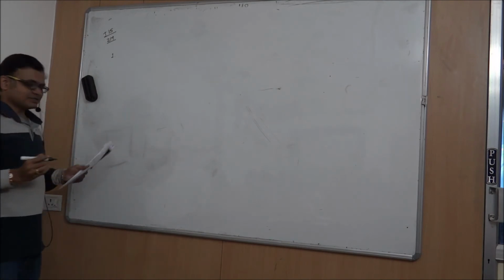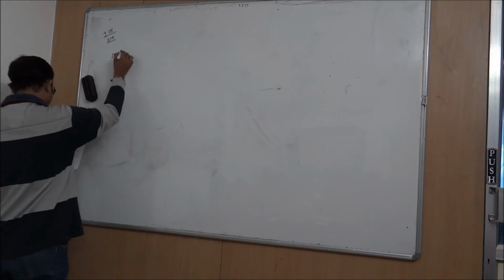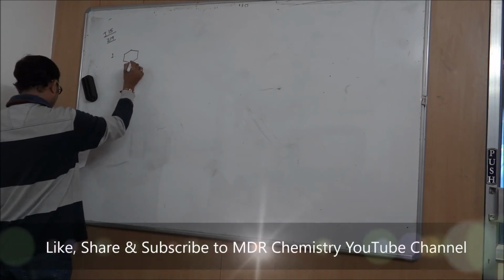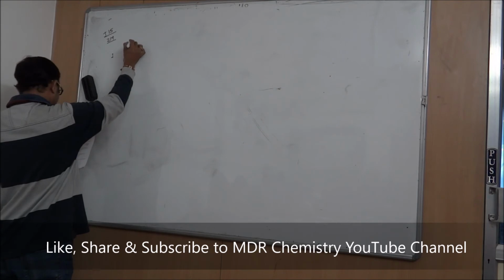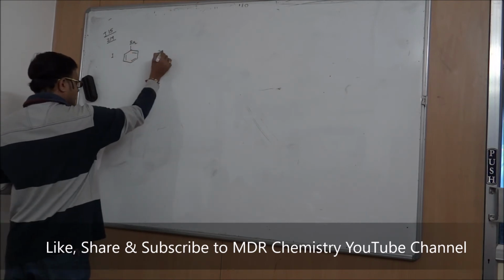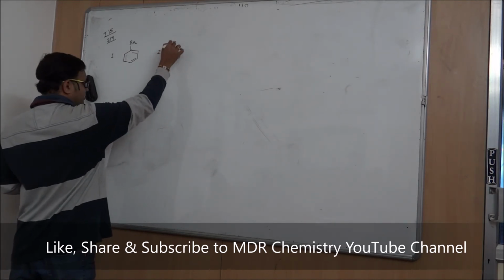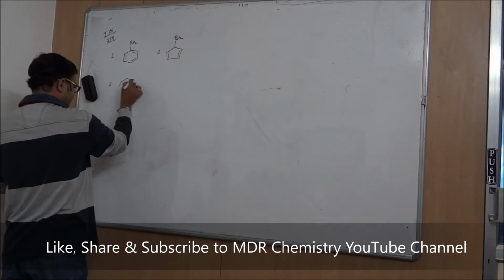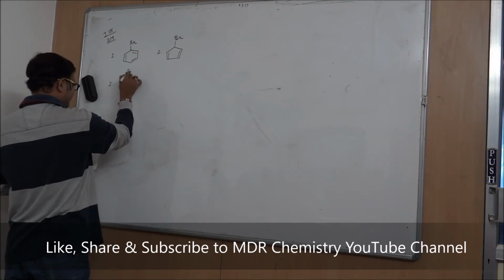The compound that gives precipitate on warming with aqueous AgNO3 is... I really liked this question. I liked it, so try solving it.